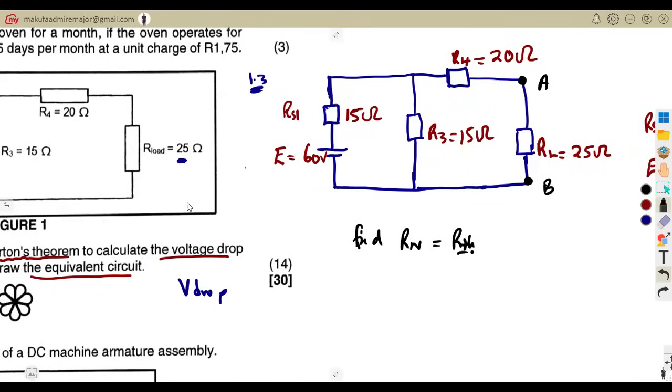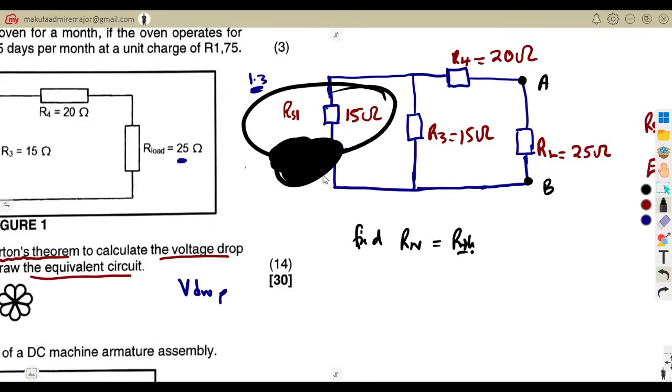We have to remove all sources of EMF that you're given and replace them by their internal resistances. There's an EMF here, so we remove it and replace it by the internal resistance.